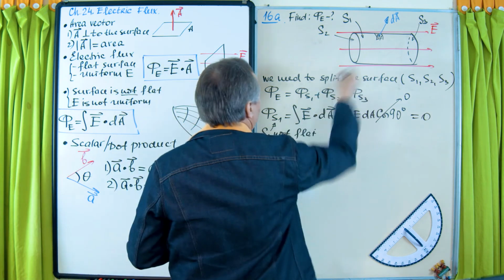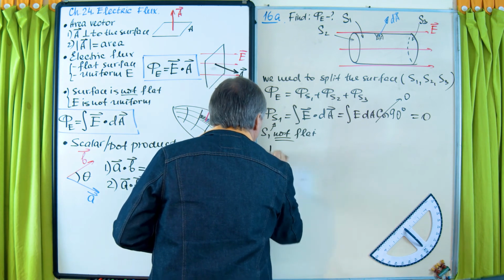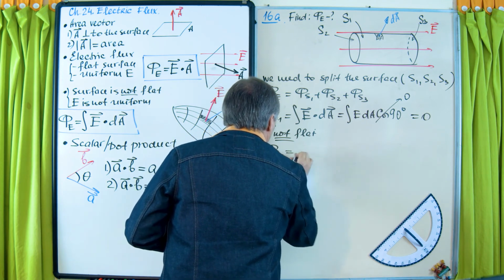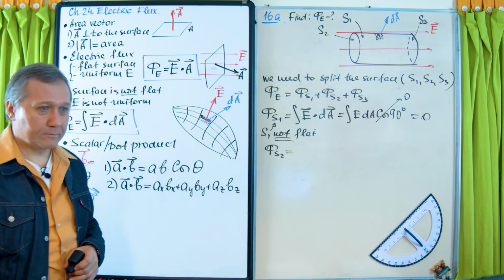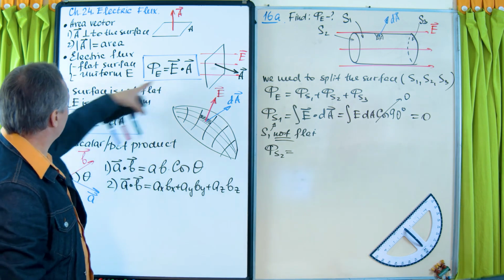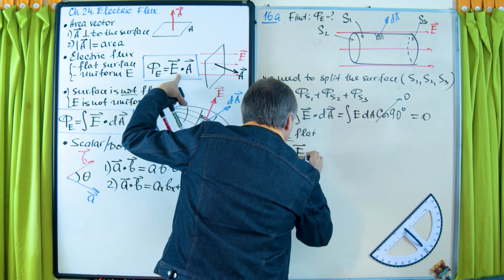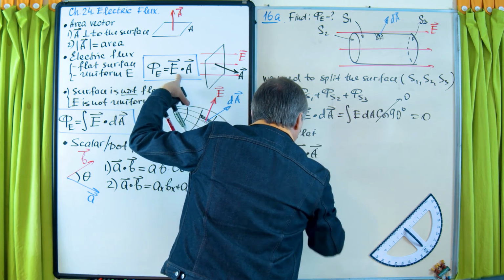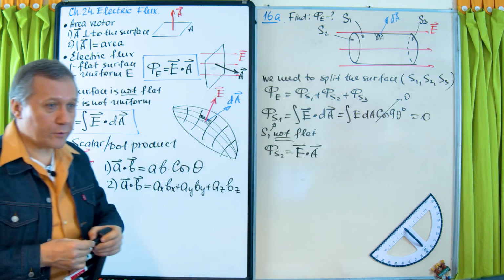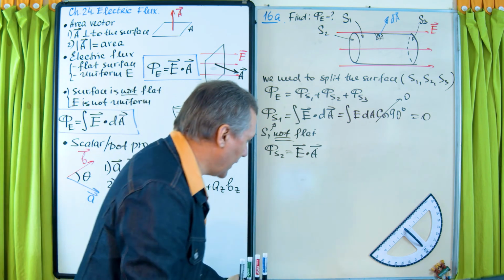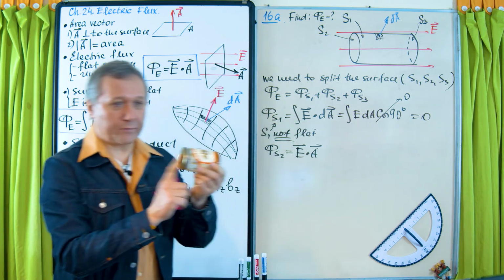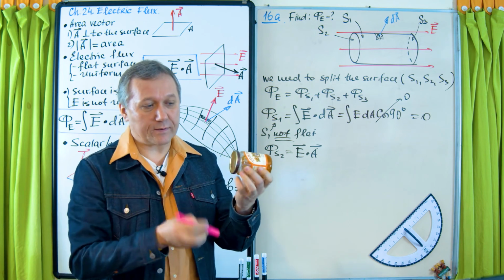And now the flux through the second surface, S2. Of course, that's the flat one, so we can use E dot A. And what's the direction of the area vector for this surface, the front facet?